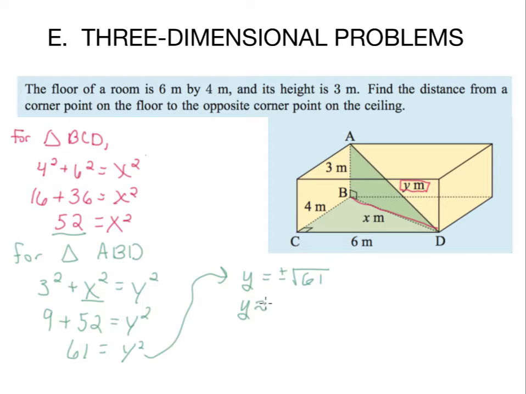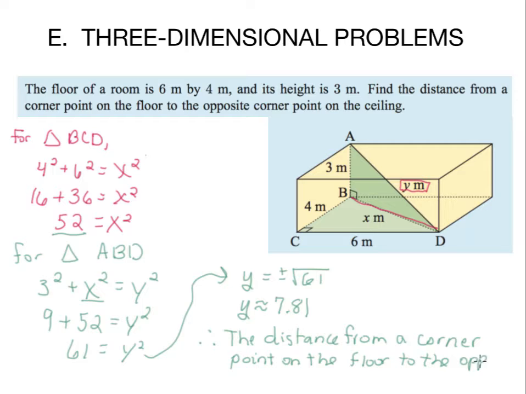I end up with y approximately 7.81 meters. Then I'm going to answer my question in sentence form. The distance from a corner point on the floor to the opposite corner point on the ceiling is about 7.81 meters.